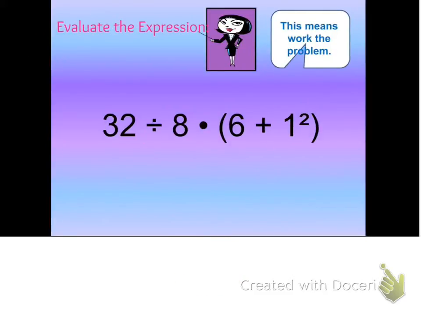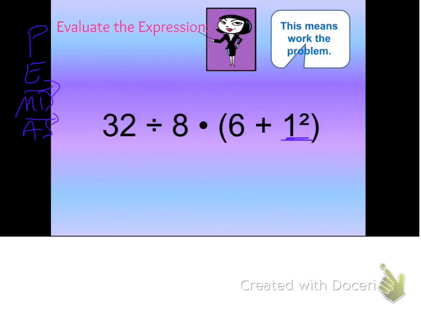One more, guys. Sometimes you are going to come to a problem like this where you have more than one operation or more than one thing happening inside of the parentheses. When you are inside of those parentheses, you are again following order of operations starting from the top. So here I've got a set of parentheses and I have an exponent in there.